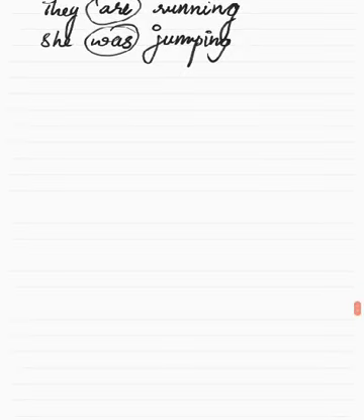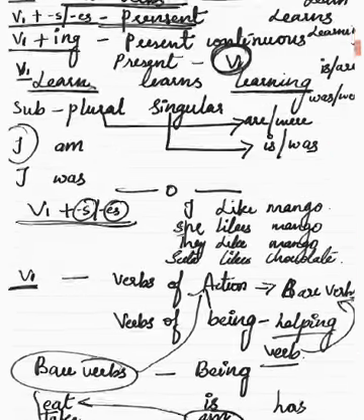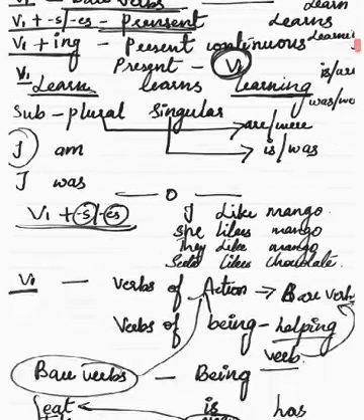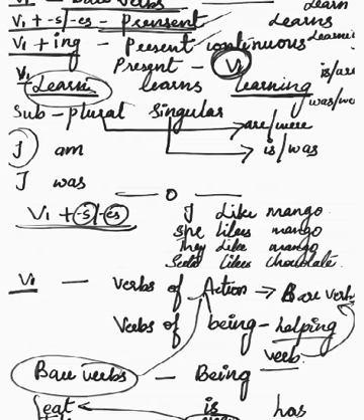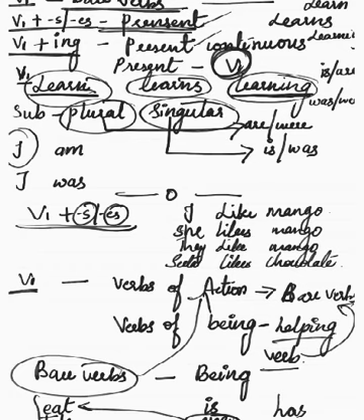Now we have learned about V1: bare verbs, present tense, and then present continuous. V1 we use when the subject is plural. V1 plus s or es is used when the subject is singular, and learning is used when the action is continuous.